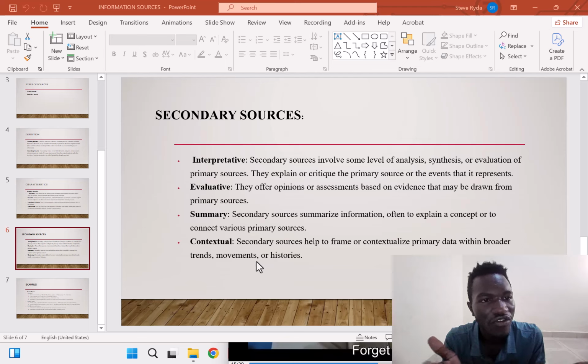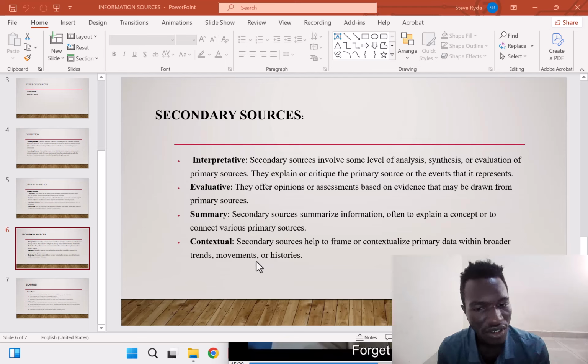Let me say, like the movement of the Bantu, migration of the Lu, under different aspects. We will see that it is contextual and will provide information that is plain and in a summarized format. So those are the ethics of the secondary sources.